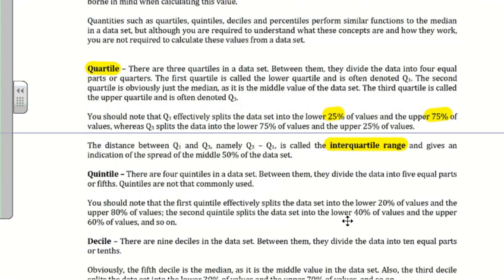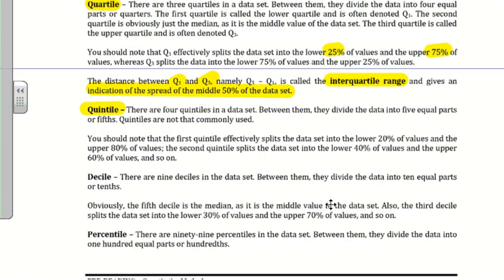Quartile 1 is my 25%. Quartile 3 is 75%. The interquartile range gives you an indication of the spread of the middle 50% of the data, because it's between quartile 1 at 25 and quartile 3 at 75.